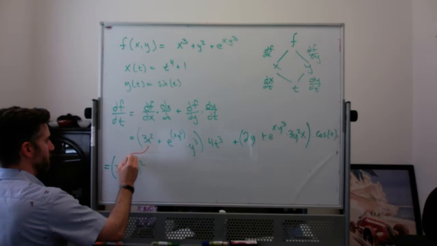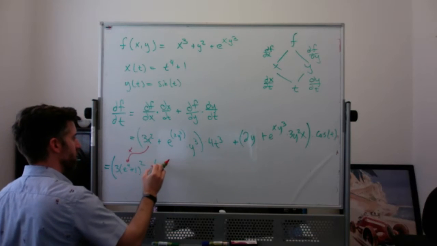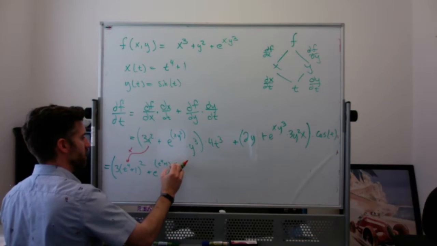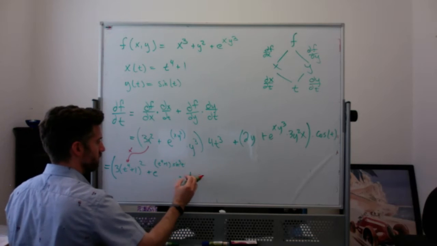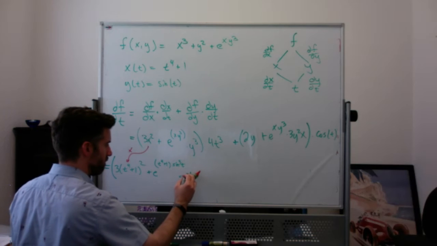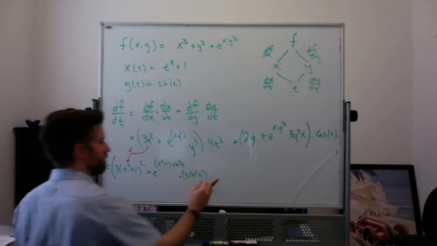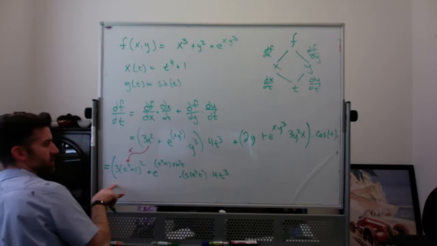That's my x. And then plus e to the t to the fourth plus 1 times sine cubed of t times 4t cubed. That is all of that.